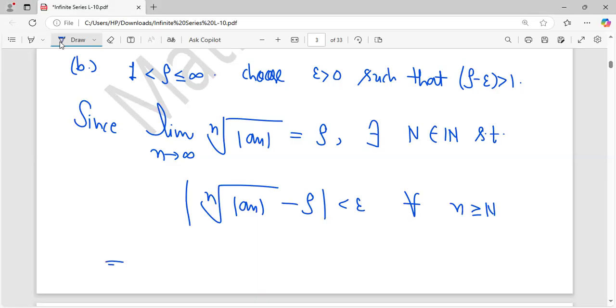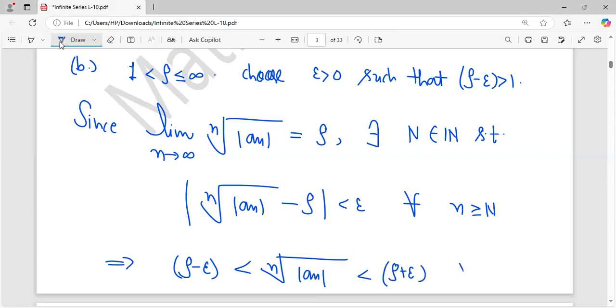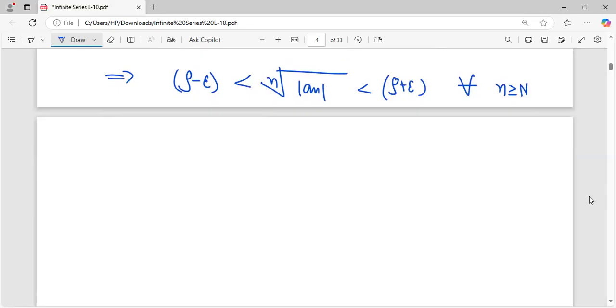So this implies rho minus epsilon is less than the expression.